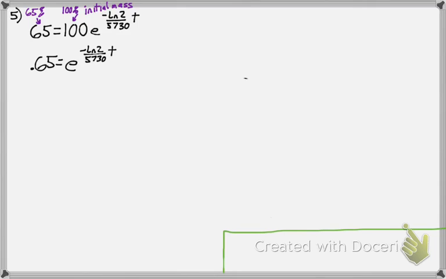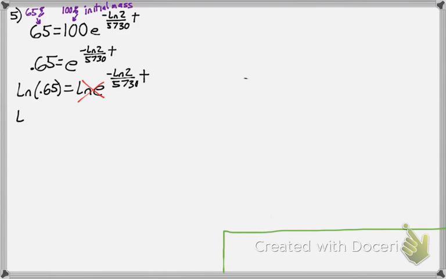So I do want to take the ln now of both sides. And again, this is going to be very advantageous because the ln of e is going to cross out.